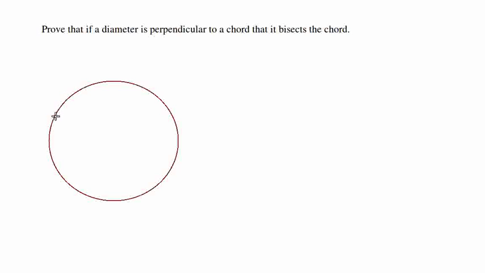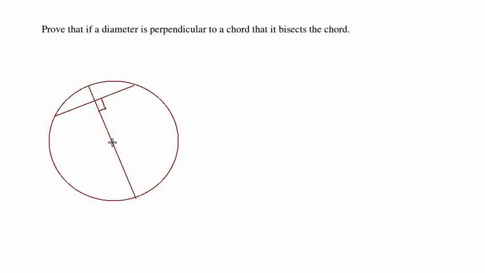So I'll draw a circle with a chord, and I'll draw a diameter, which is assumed to be perpendicular to the chord. So I will put a little right angle symbol, because from the definition of perpendicular, right angles are formed.